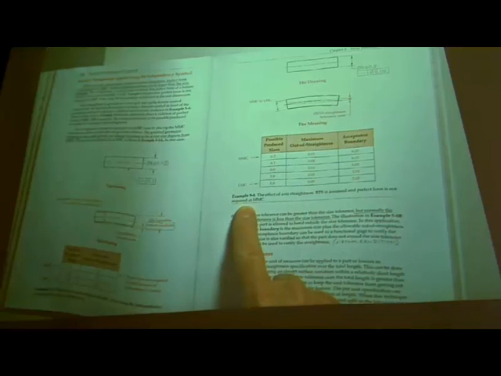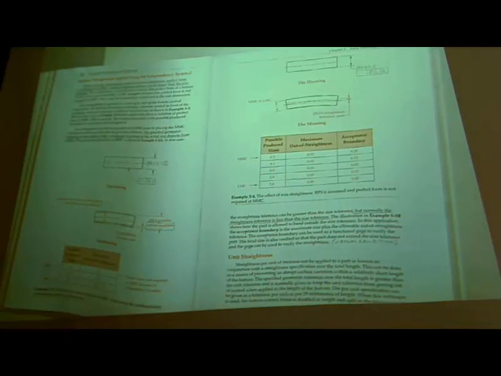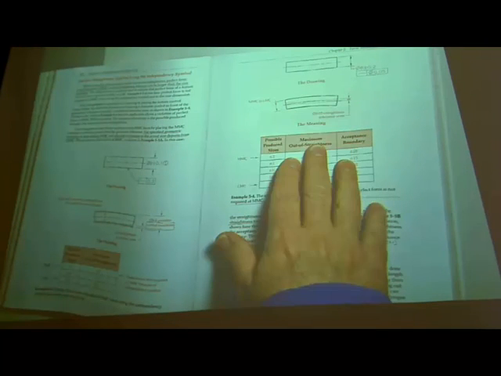So when we do an axis control, RFS is assumed and perfect form is not required at MMC. So it's like independency, but independency is usually for the surface, the outside.